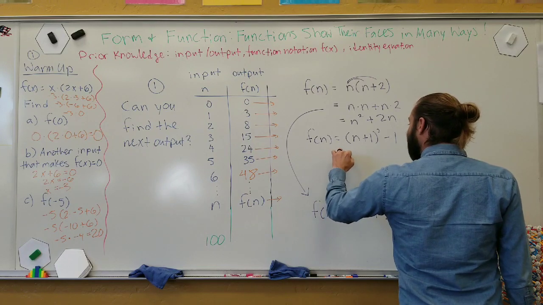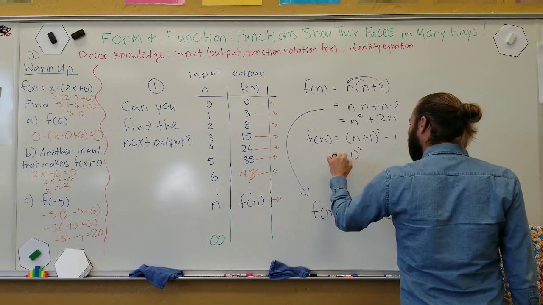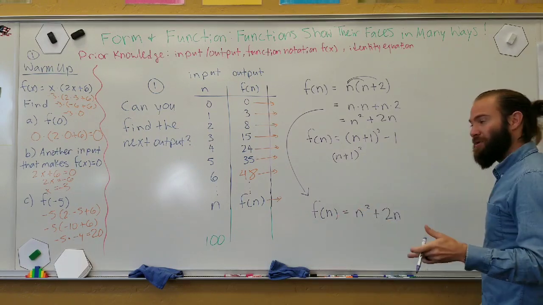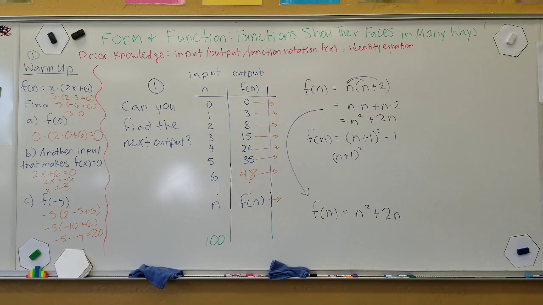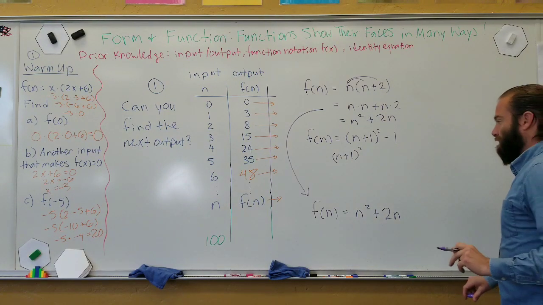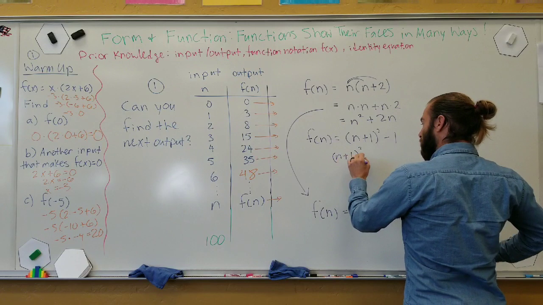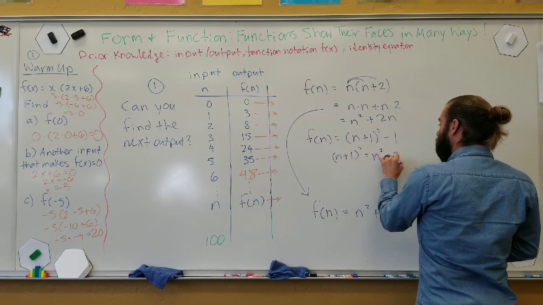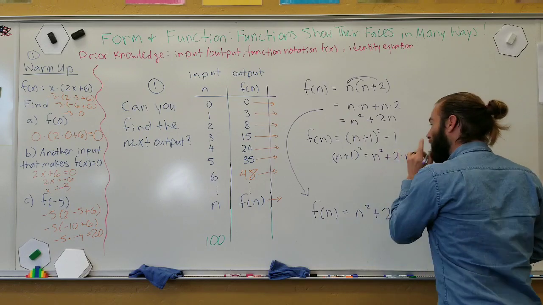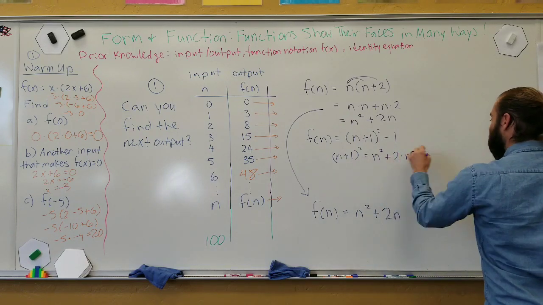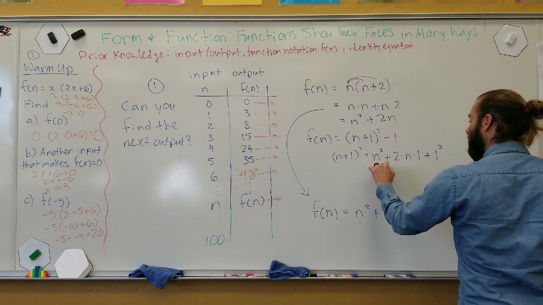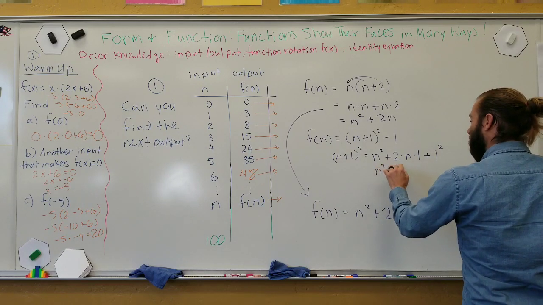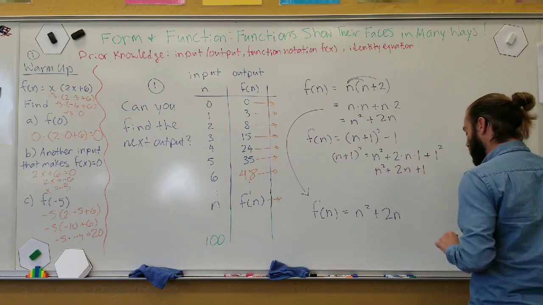If I actually do n plus 1 squared, hopefully you remember our pattern is a squared plus 2ab plus b squared. So if you remember the pattern, this is going to be n squared plus 2 times n times 1, right? 2ab, plus b squared, plus 1 squared, which is n squared plus 2n plus 1.